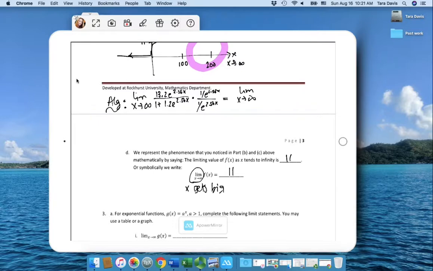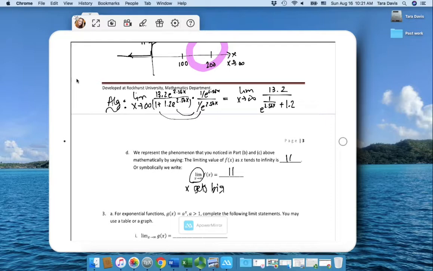On top, I'm just going to have 13.2 because the e to the 2.56x will cancel. And then on the bottom, make sure that you distribute this properly so that I would have 1 over e to the 2.56x plus 1.2, because on the 1.2, the e to the 2.56x cancels.